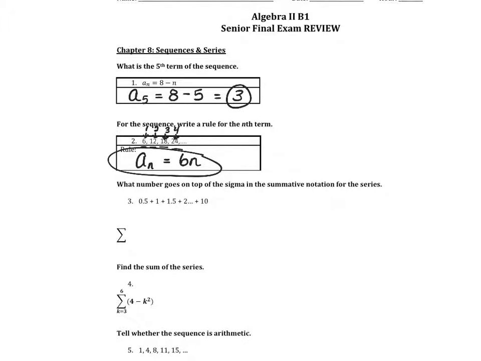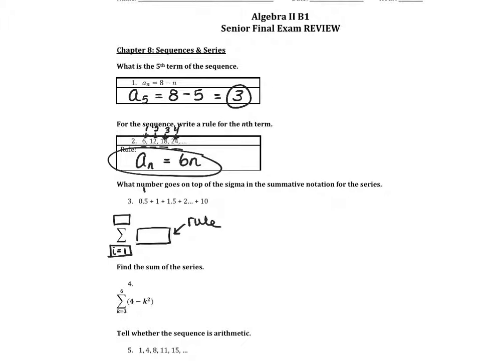Problem 3 says, what number goes on top of the sigma sign in the summation notation for the series? So we'll talk about not only what goes on top of the sign, but also what goes underneath and what goes in the middle. Underneath, it is a safe bet for all the problems you're going to see to assume that it is 1. That just means the first number that got plugged into this rule, which goes here, was a 1.